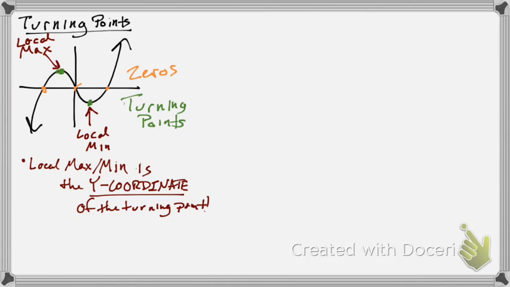So when we talk about the local min, what we would find is that y value that corresponds to that point, and the same thing for the local max. That would be the y value of that coordinate that is considered the maximum. It's the highest value of y in this local area. And for local min, this is the lowest value of y in that local area.